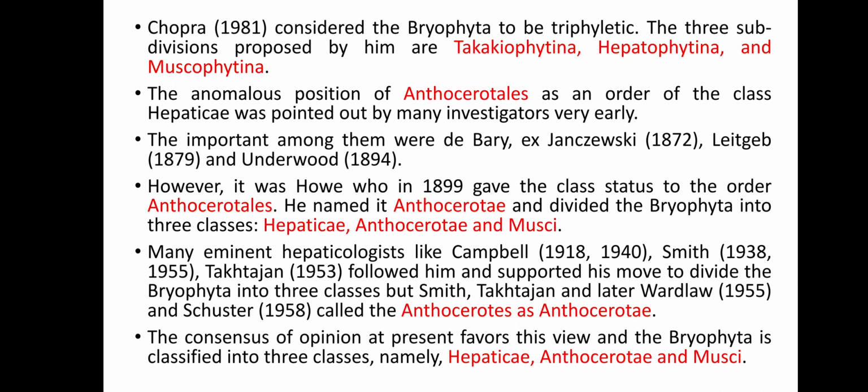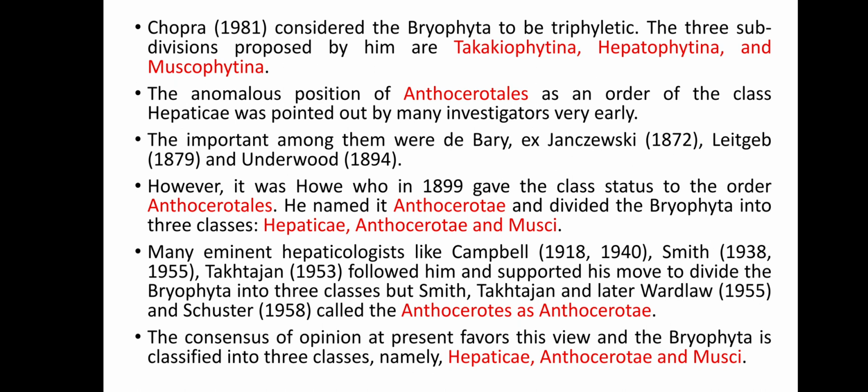But later on, Howe in 1899 gave the class status to the order Anthocerotales and named it Anthocerotae. So after him, the Bryophyta were divided into three classes: Hepaticae, Anthocerotae and Musci.